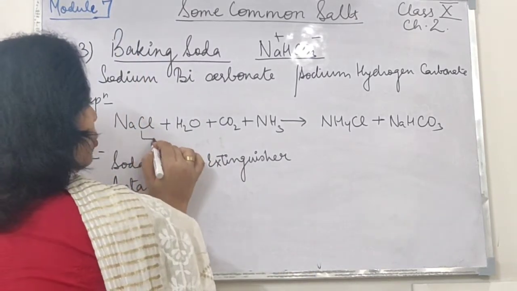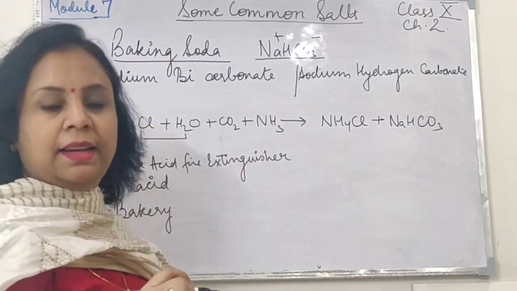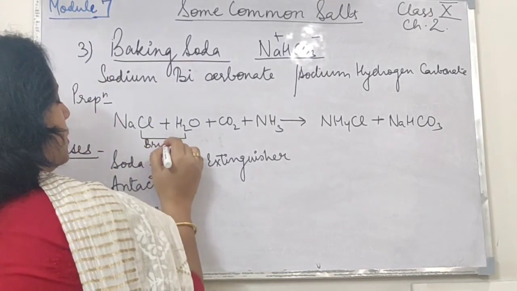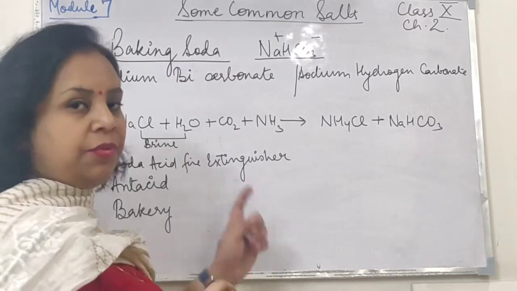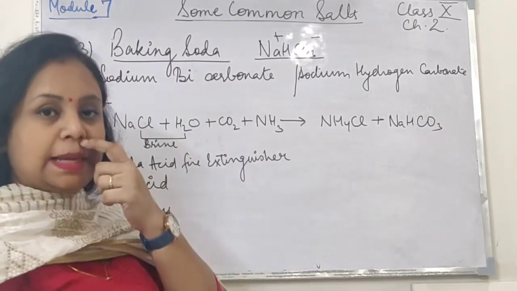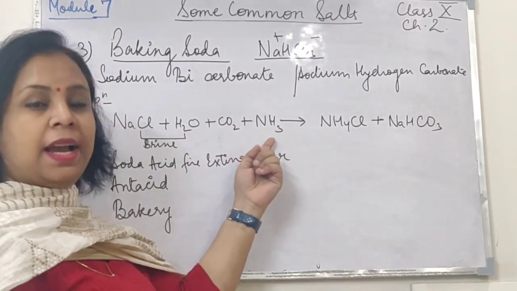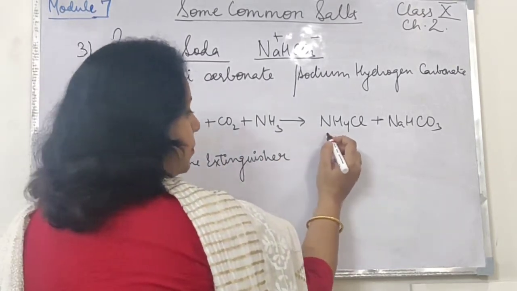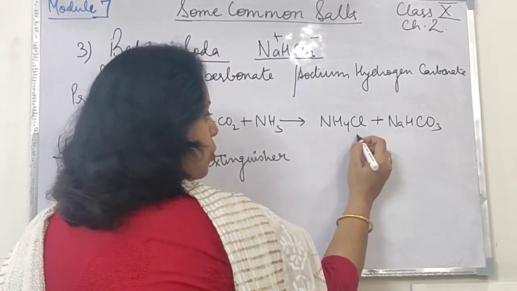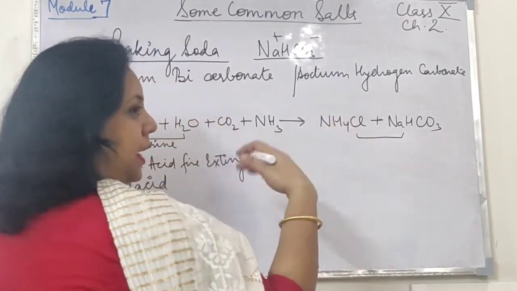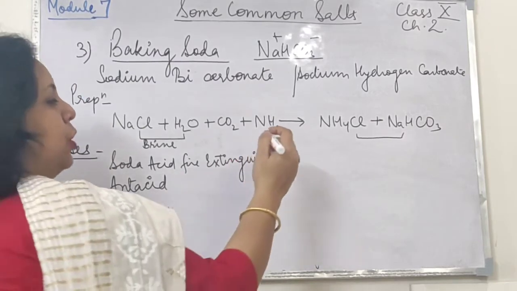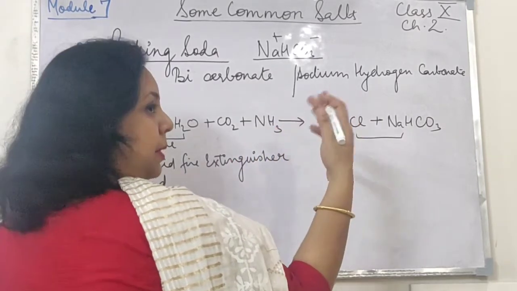If we take a solution of NaCl, we mix water, what does it form? It forms brine. And if we pass these two gases, carbon dioxide and ammonia gas, into brine, it forms a mixture of two salts. Basically they are obtained at different solubility levels, so they can be separated.